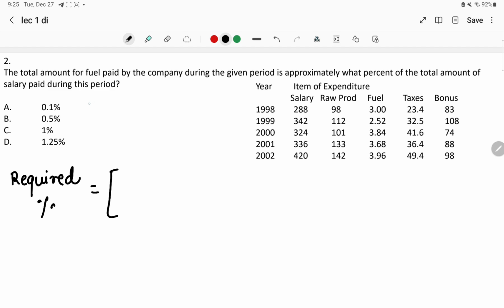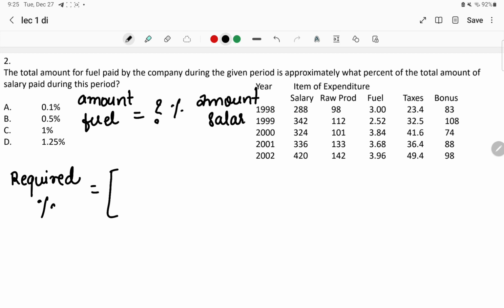Amount paid for fuel is what percent of amount paid for salary purpose. Are you understanding what is happening here? So we have to find this particular percentage.